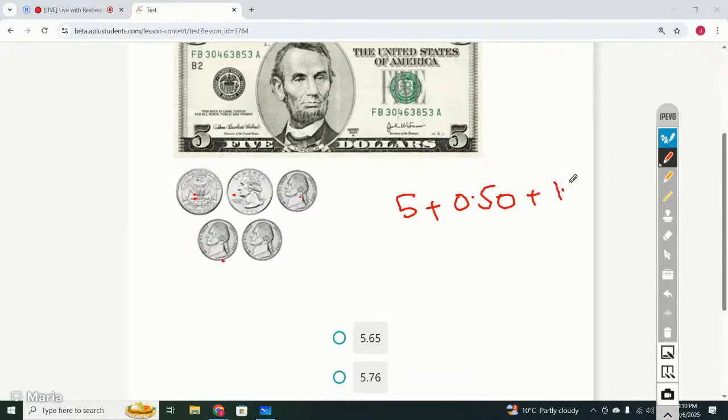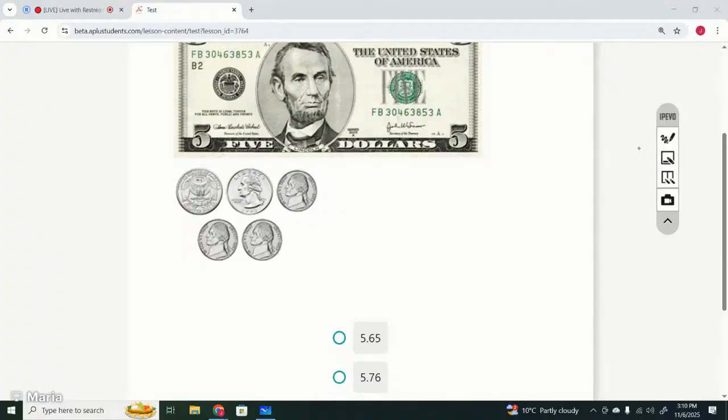So 1, 2, 3, you need to add 0.15. So you have to add 5.50 and 0.15, and that is $5.65. So option number 1 is the correct option. Got it? That is 5.65.